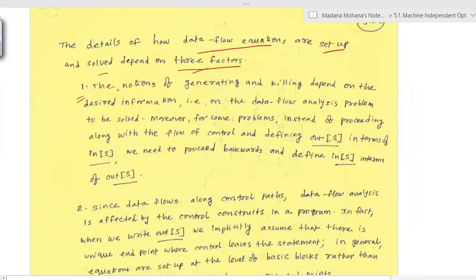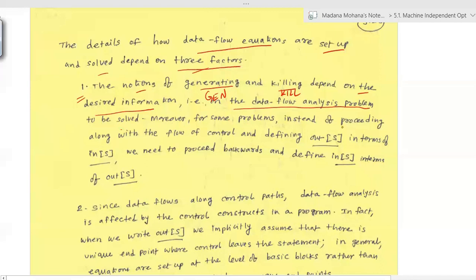The first factor: the notations of generating and killing, that is gen and kill, depend on the desired information, that is on the data flow analysis problem to be solved.